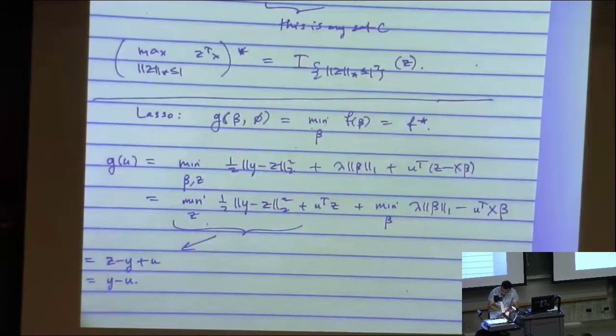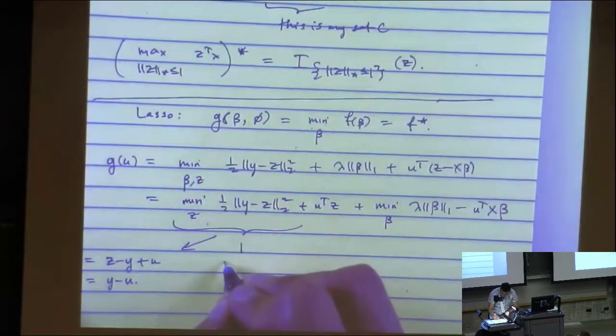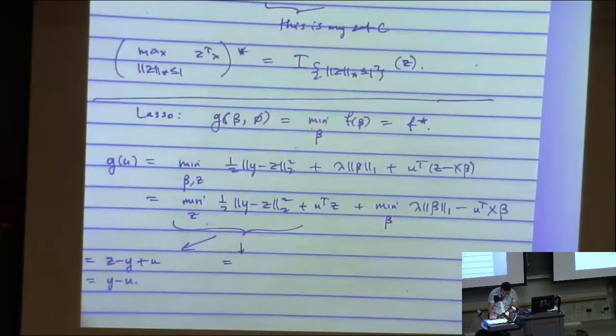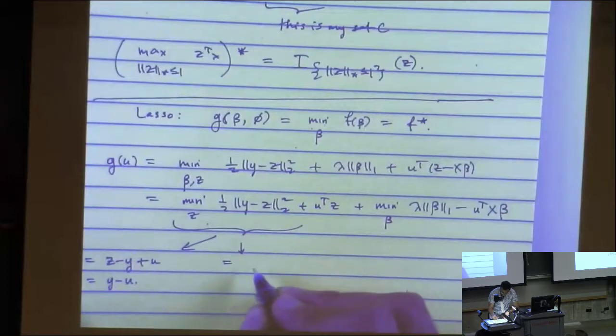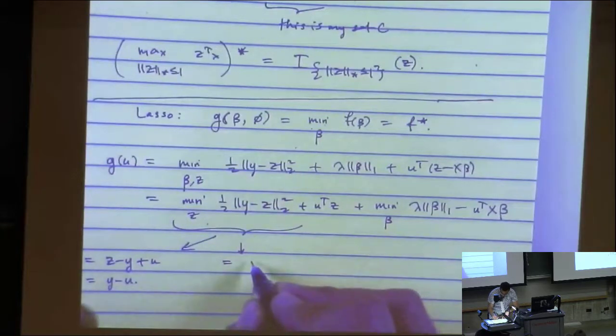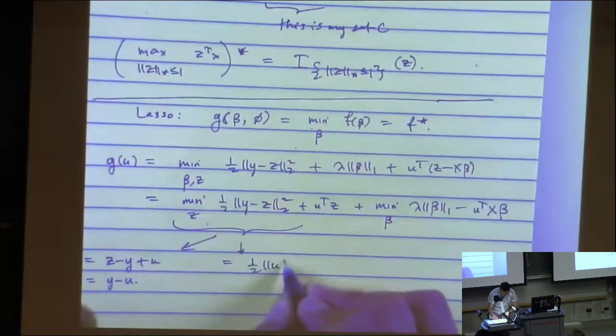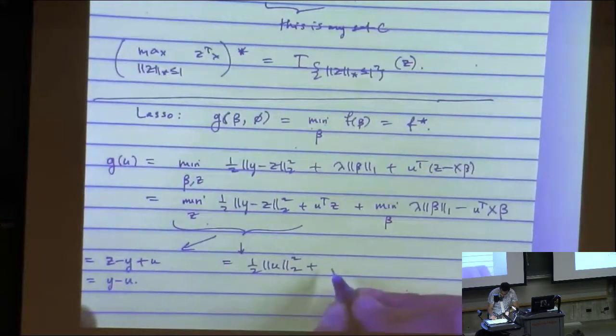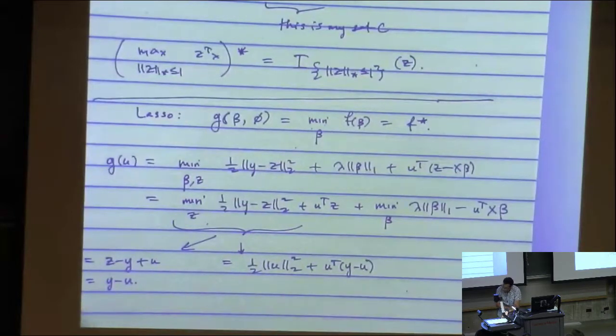And if we plug that in, we get that this whole thing equals, let's see, y minus z is just u, so the norm of u squared, plus u transpose times y minus u.